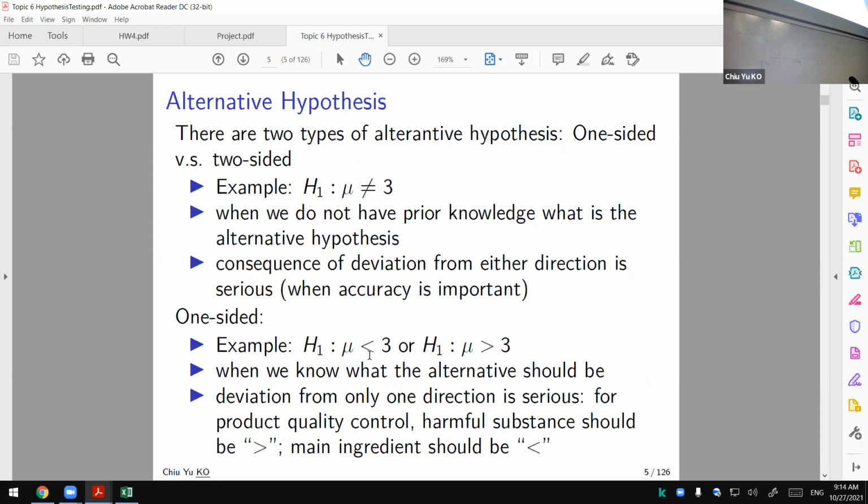Remember, whether it's two-sided or one-sided, and whether left or right, really depends on application. Because you are using data to see what the claim is, and where you want to support one way or the other as the alternative depends on application.